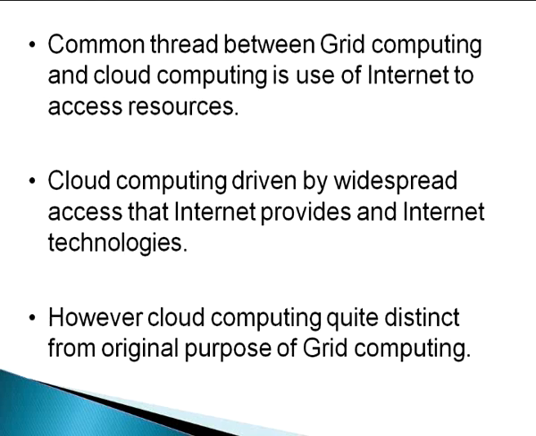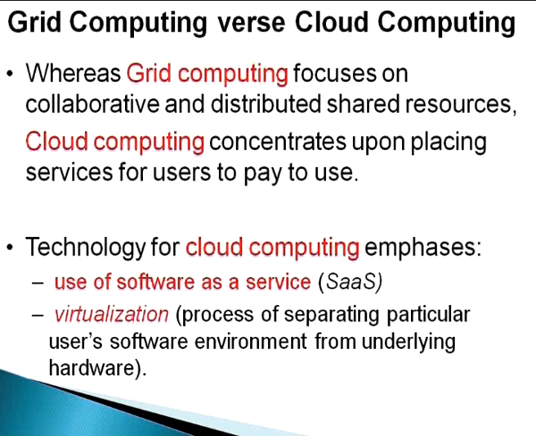However, cloud computing is quite distinct from the original purpose of grid computing. As we mentioned earlier, the objective of grid computing was to put a lot of computing environments in a collaborative form that can be utilized for high performance.